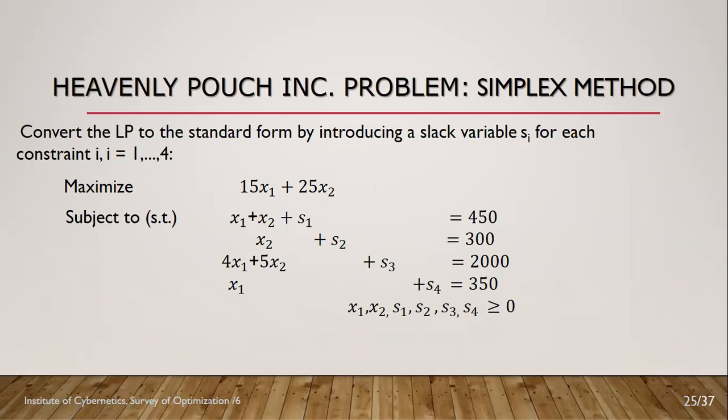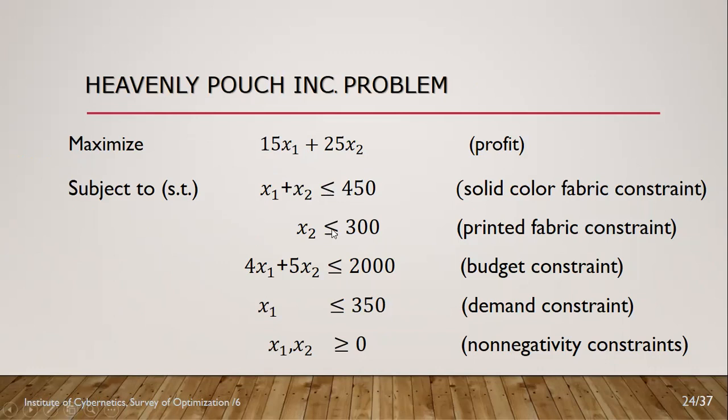Step 1. We need to convert the given LP to a standard form by introducing slack variables s sub i, where i varies from 1 to 4, because recall the number of slack variables corresponds to the number of constraints, excluding the non-negativity constraint.